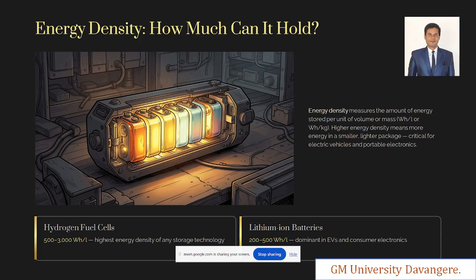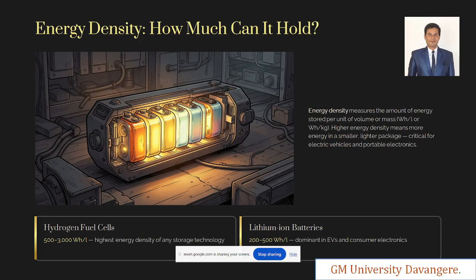When you talk about energy densities, we are taking the example of batteries, because batteries can store energy; they discharge and they charge, right? How fast, and how much energy is stored per unit, in terms of watt hour, or watt hour per kg, right?